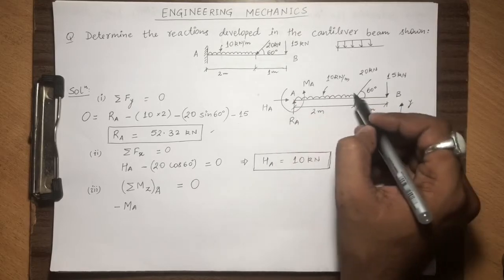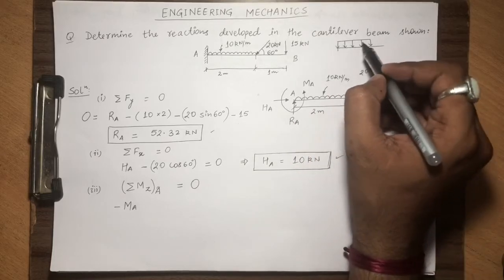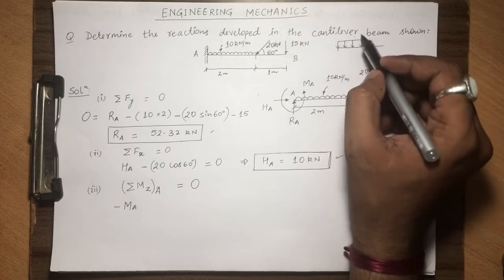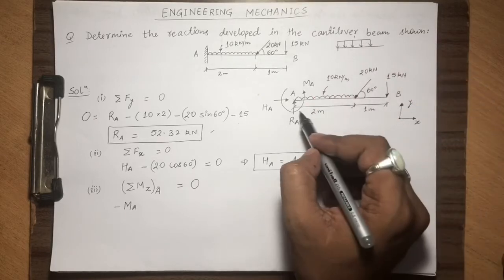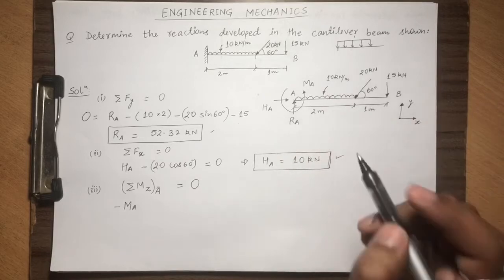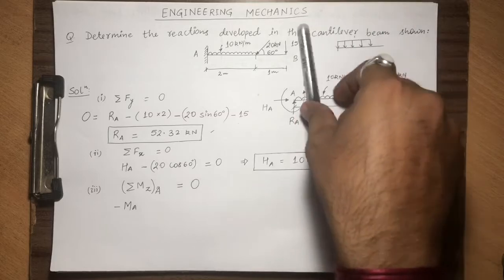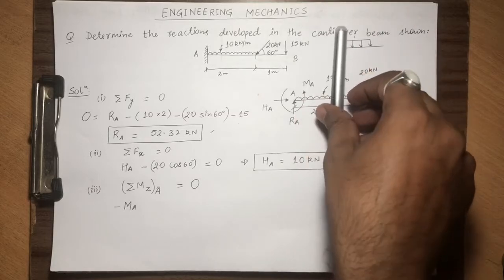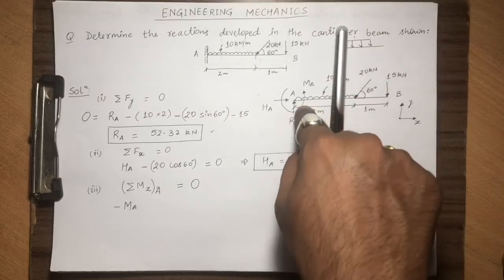So we have to check the centroid. So this is a rectangular kind of force. So for rectangle, the center of action will be at the midpoint. So midpoint of 2 meter will be 1 meter. But we have to check the direction. So this force is acting towards the negative y, and the point A is here.